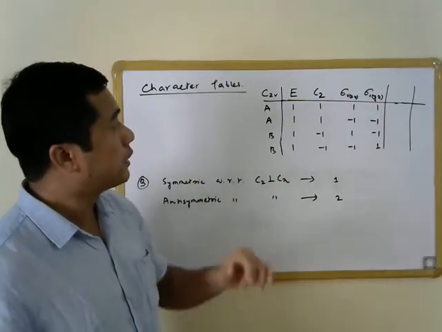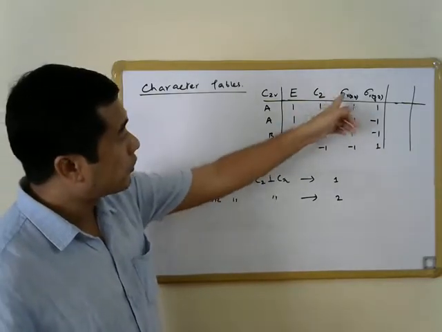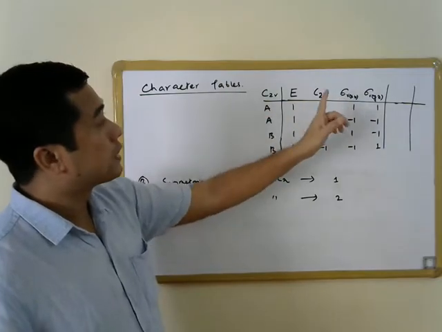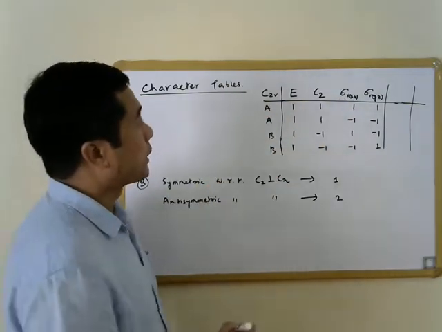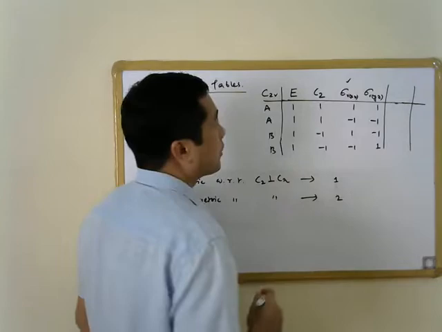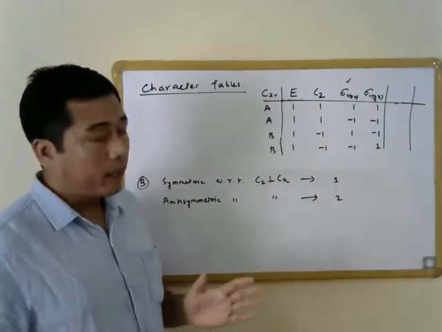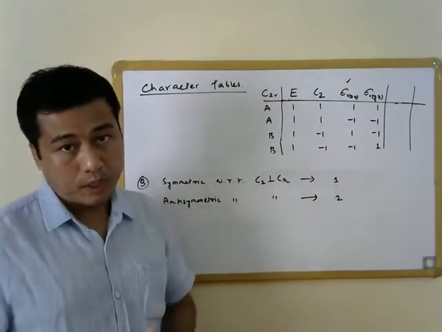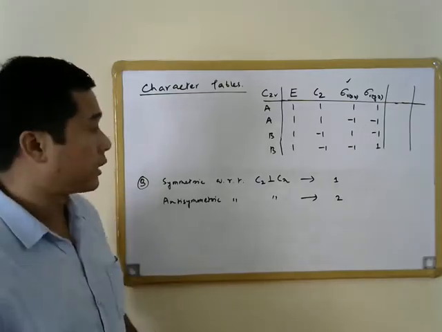So we will find out whether the representations are symmetric with respect to the sigma v xz plane of symmetry here, and then write the subscripts 1 and 2 in these irreducible representations.